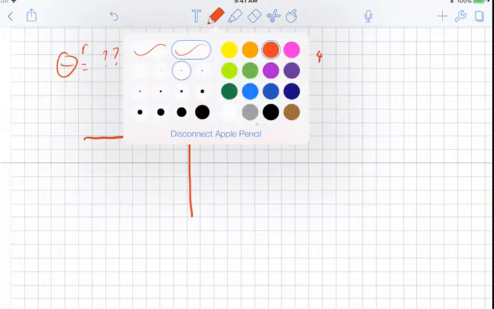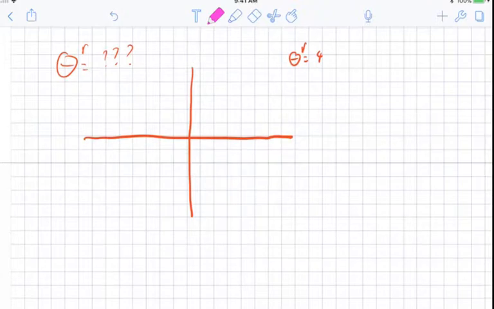Well, the idea goes like this. Every quarter circle is pi over 2.